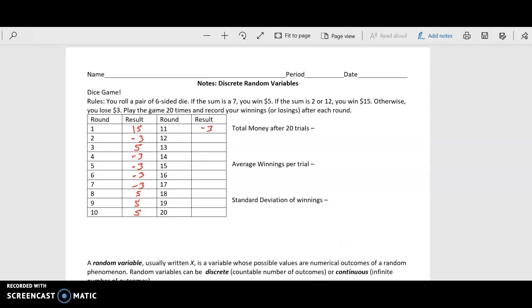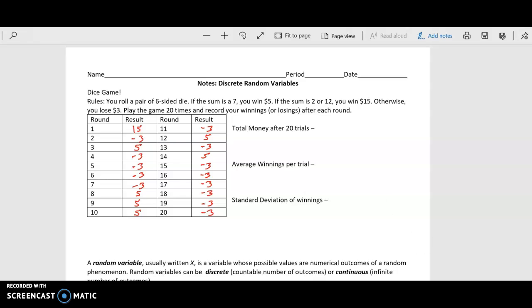Lose 3, win 5, lose 3. And you could use a simulator if you didn't have any dice and do 20 trials, and you might end up with these numbers.